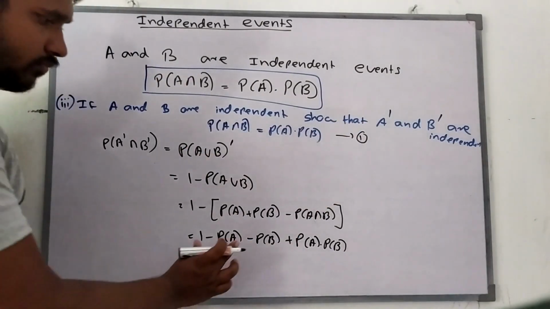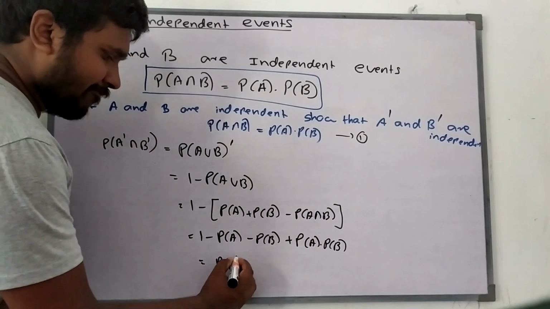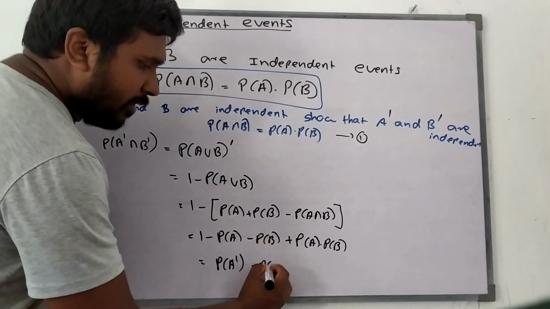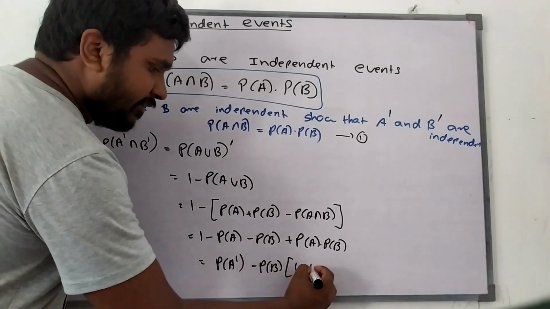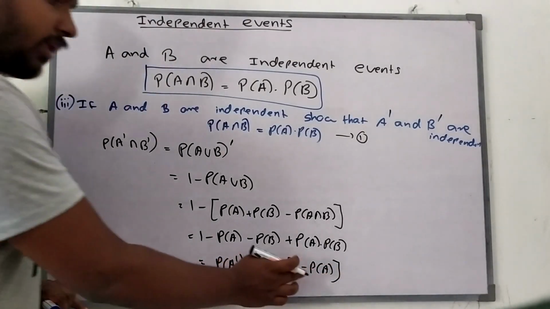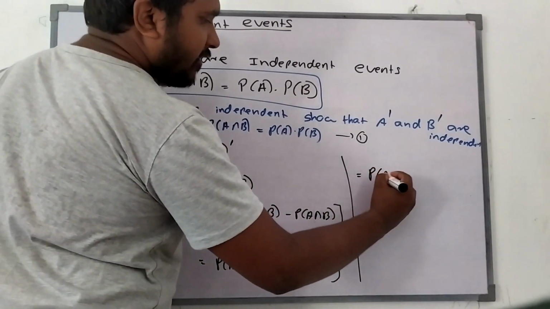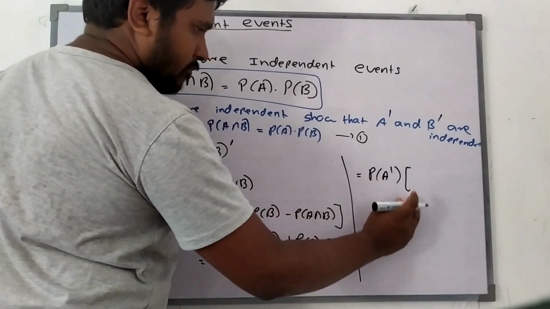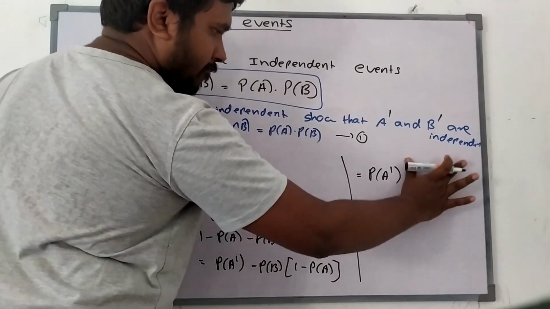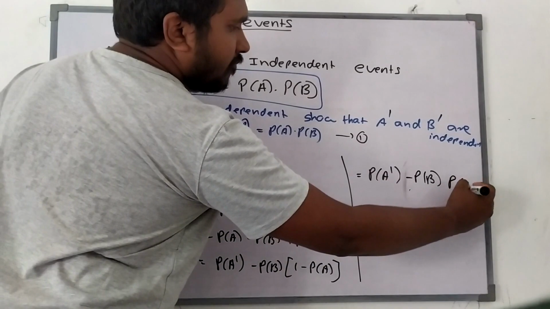Then I write 1 minus P(A) as P(A dash). You can pull P(B) out. What is 1 minus P(A)? It is P(A dash).